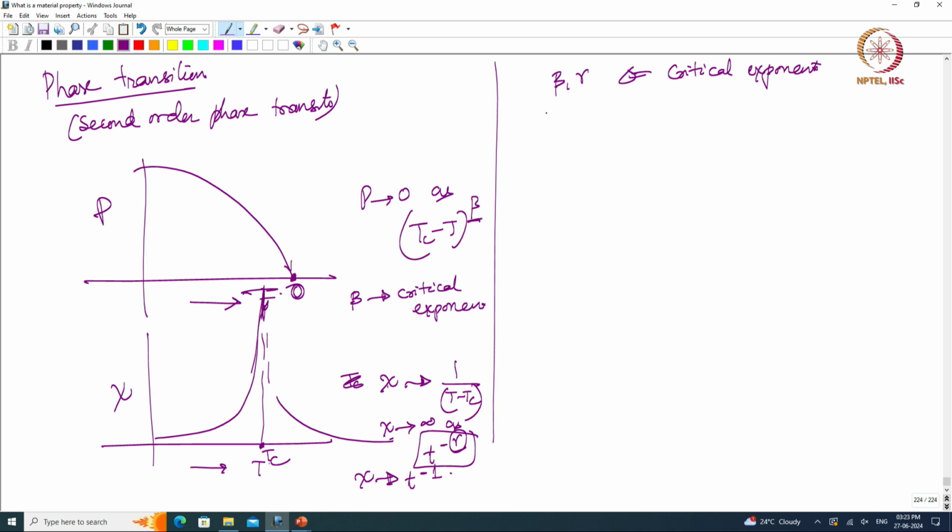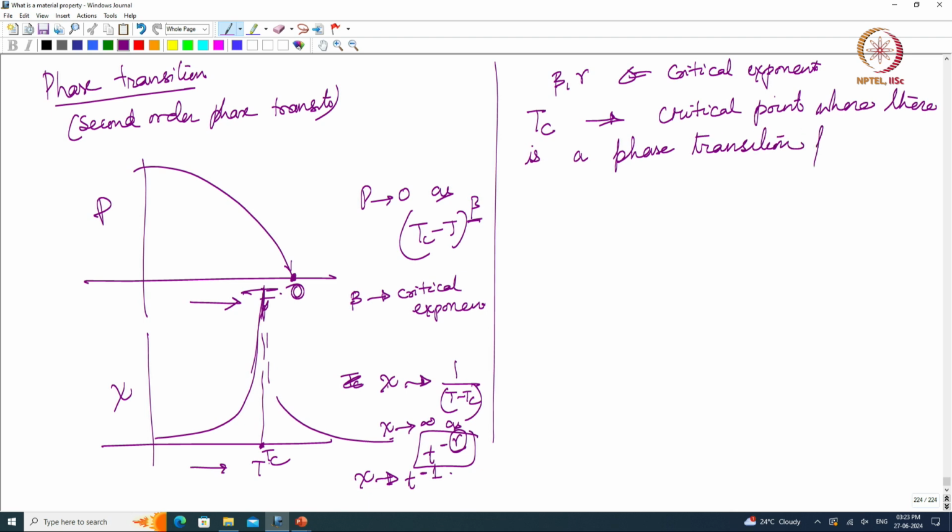These betas and gammas are what are called critical exponents, and the Tc that I just showed in the second order phase transition is called a critical point, where there is a phase transition happening from a low symmetry phase to a high symmetry phase.